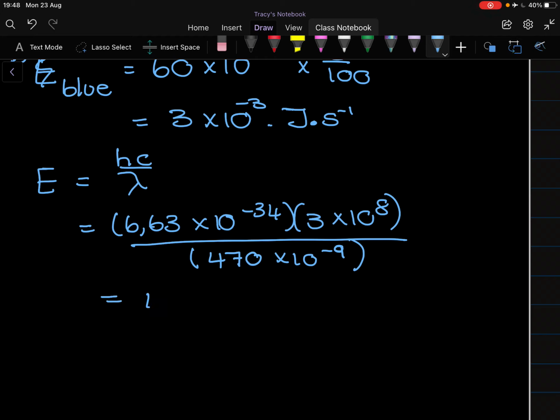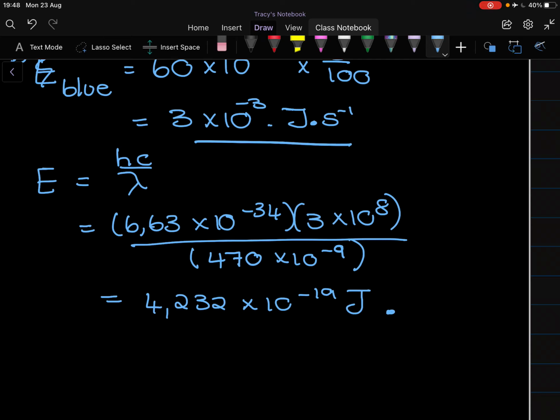And this gives me 4,232 times 10 to the minus 19 joules. Okay? Now, this is how many joules per second hits my metal. This is the energy of one photon.